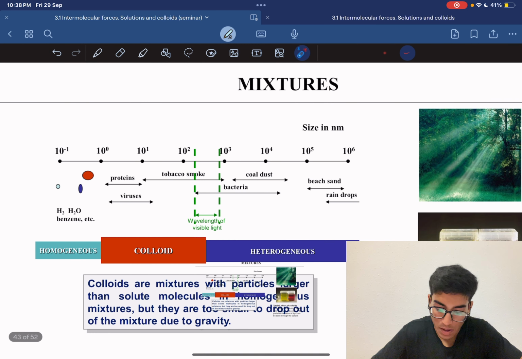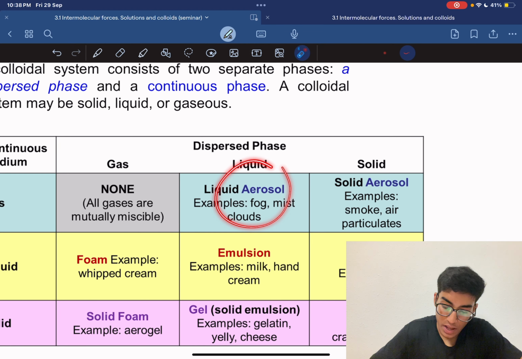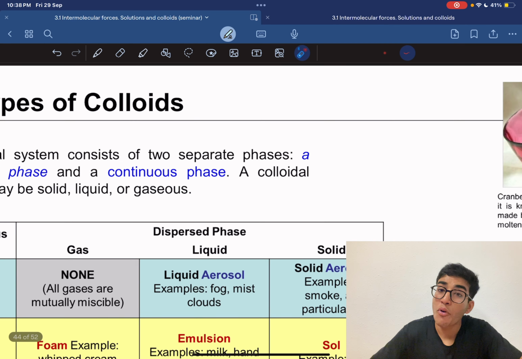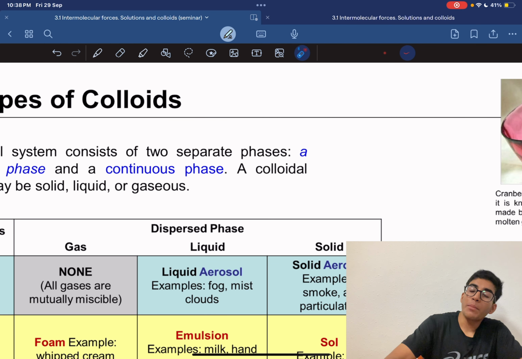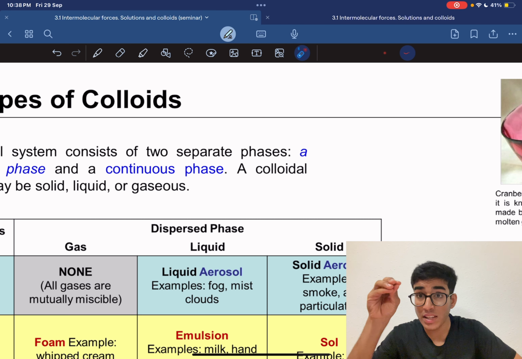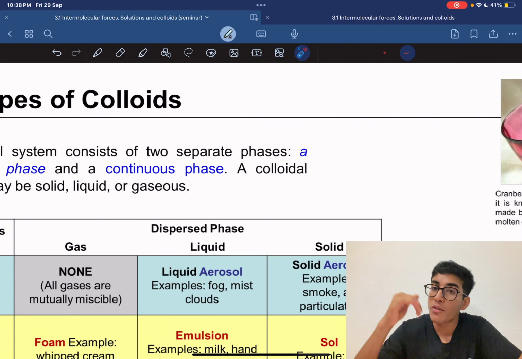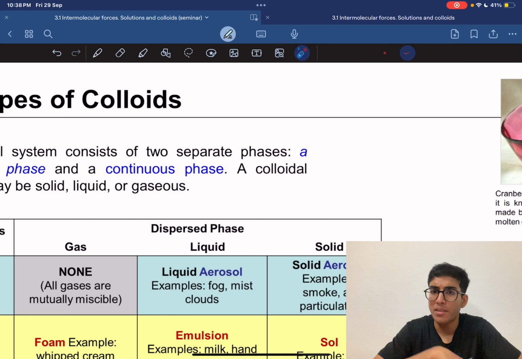Let's take some examples. Let's say aerosol. Take fog, fog in the mornings. What is that basically? If the water droplets in the air were big enough, they would fall down as rain. If they were small enough, you couldn't see them, you would just think it's air.